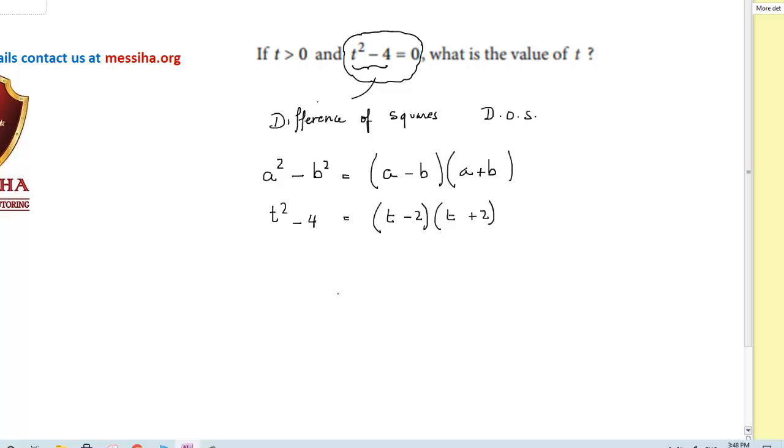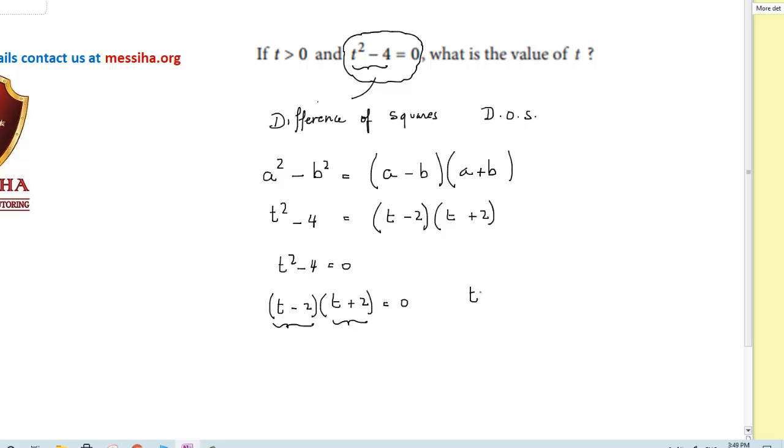Perfect. Now, what is the value of t? Since t squared minus 4 equals 0, that means the factorization of t squared minus 4, which is t minus 2 times t plus 2, is also equal to 0. That means either this term equals 0 or this term equals 0.